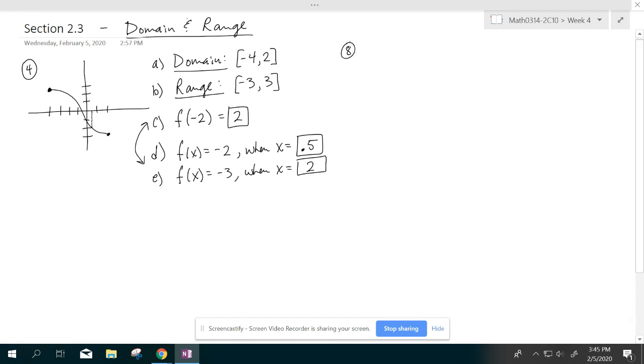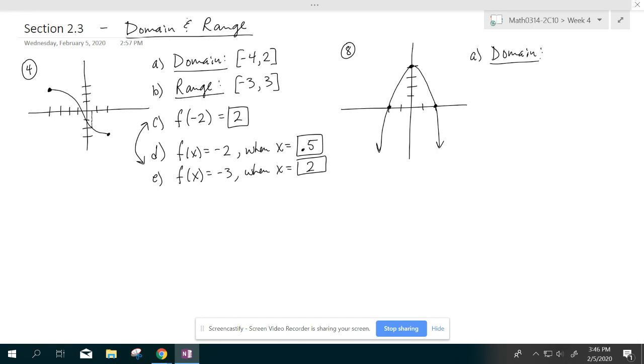And are y'all ready for the next problem? Number 8. All right, so we're going to do the same thing we just did with a different graph, answering all the same questions.